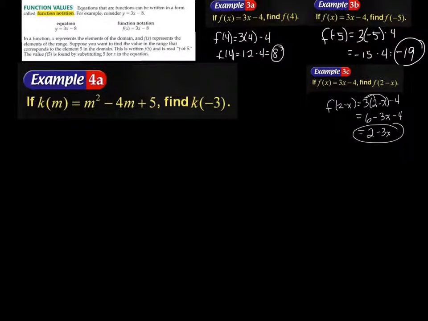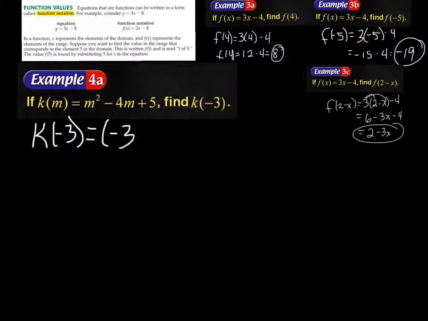Now I'm going to give you a secret. We can graph things that are not straight lines. If I found points for this algebraic expression, this function, and plotted them, I would have the graph of a parabola. So I'm going to find k of negative 3, which would be one of the points on my parabola.